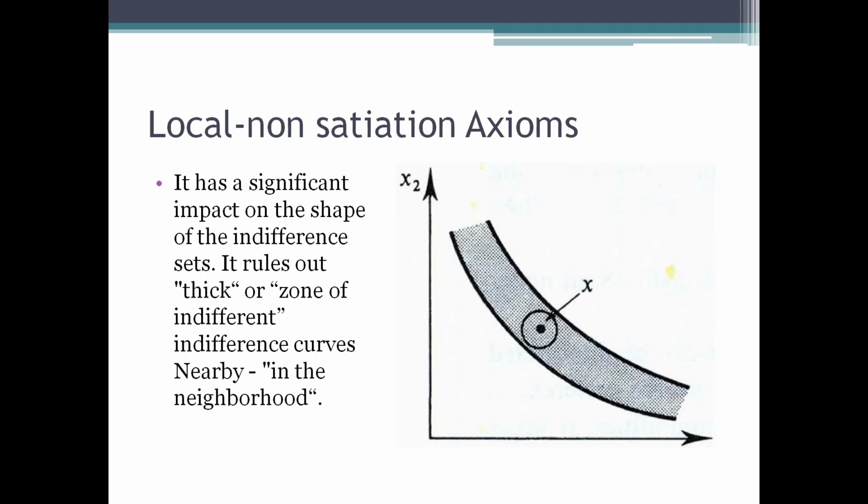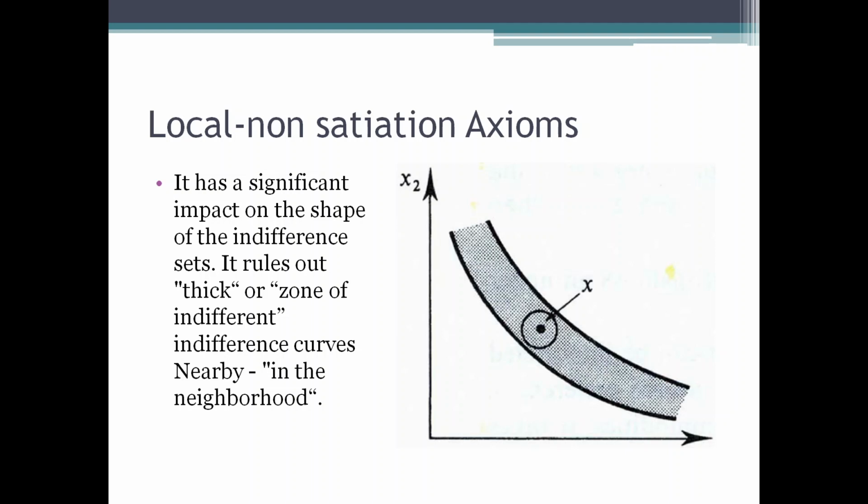Another name for it is zone of indifference. Why did I say zone of indifference? Because if both curves constitute one single indifference curve, this means that we don't have only indifferent bundles across the indifference curve, we have also indifferent bundles in between.